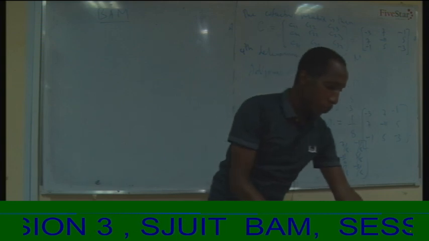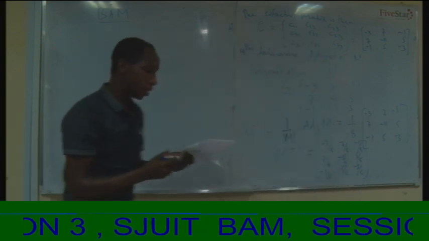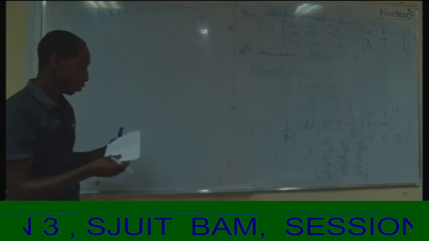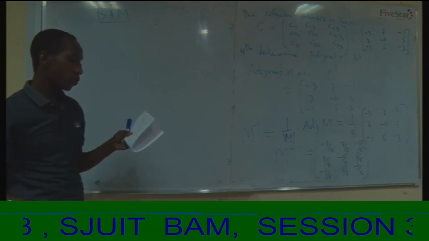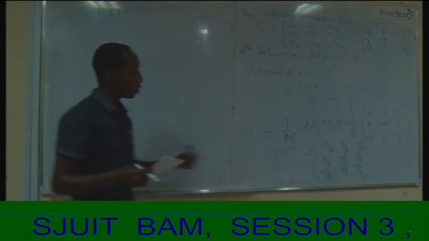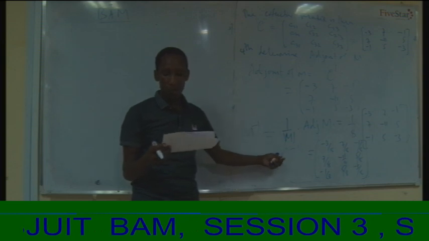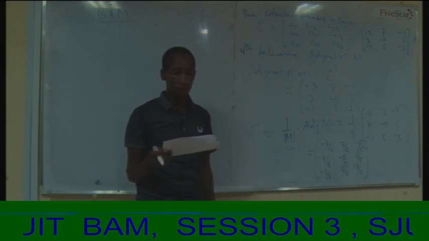So to finish up, let's see the last part of this question, which is Roman 2 of part B. Use the inverse obtained in 1a to find the values of x and y in the following system of equations.